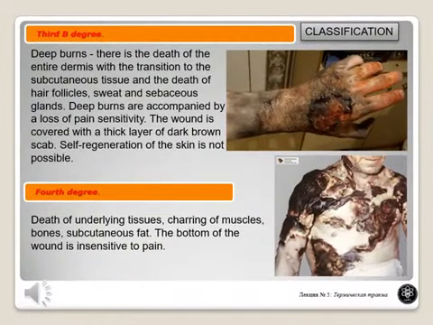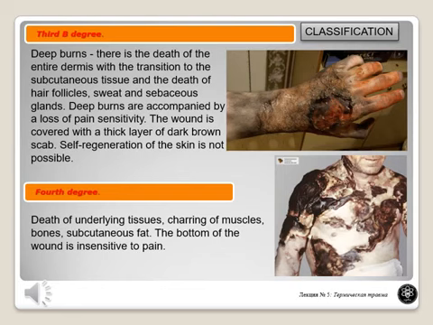Burns of the third B degree already belong to the category of deep burns that cannot heal independently. The death of the entire dermis is noted with the transition to subcutaneous fat, with complete death of hair follicles and sebaceous glands. Deep burns are accompanied by loss of pain sensitivity.